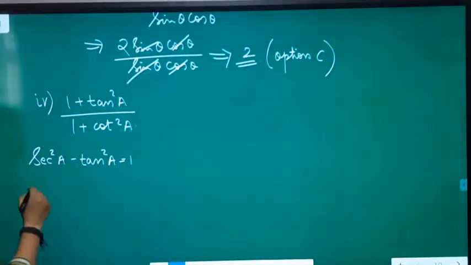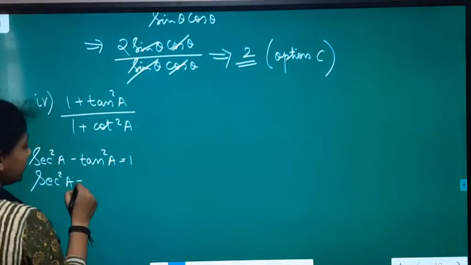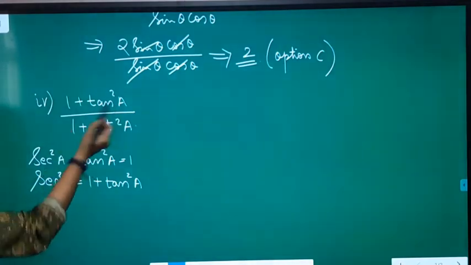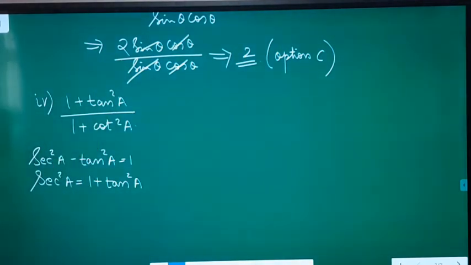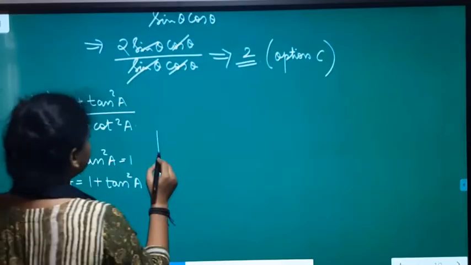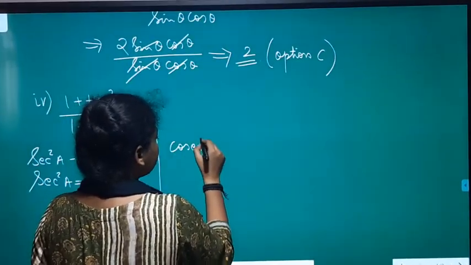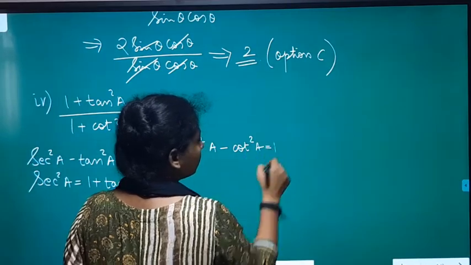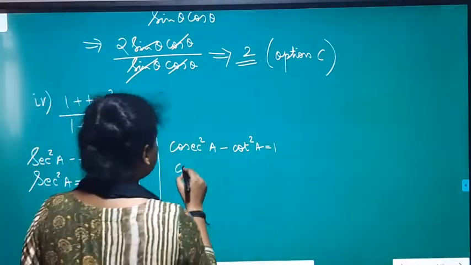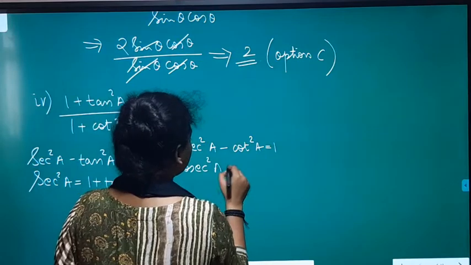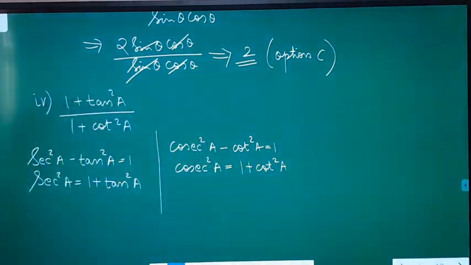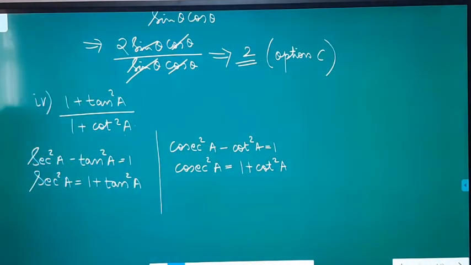If we shift tan on the other side, we'll get sec square A equals 1 plus tan square A. So in place of 1 plus tan square A, I can put the value sec square A. Also from identity 3, cosec square A minus cot square A equals 1. If I shift cot on the other side, I will be left with cosec square A equals 1 plus cot square A. So in place of 1 plus cot square A, I can put the value cosec square A.